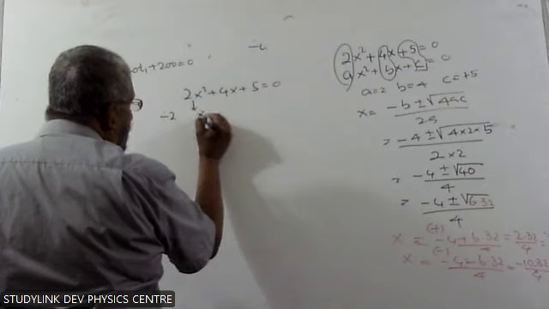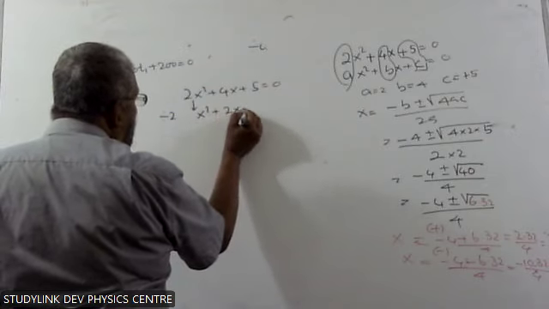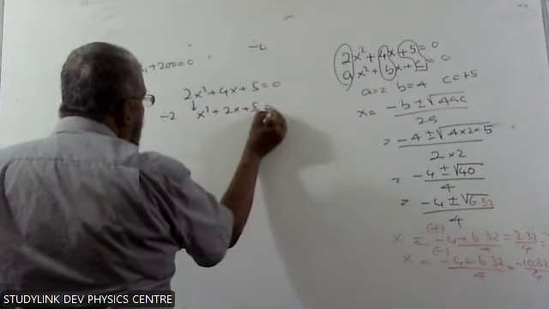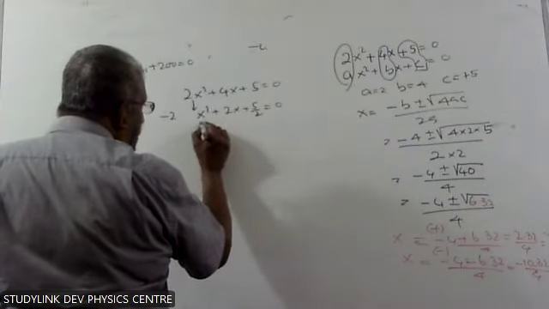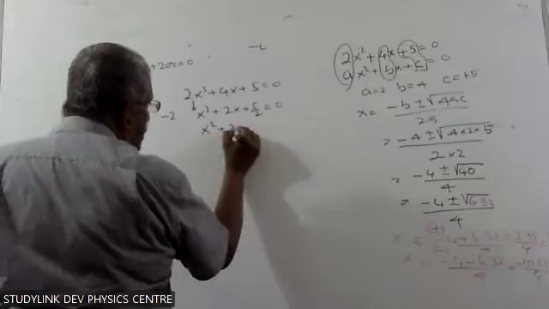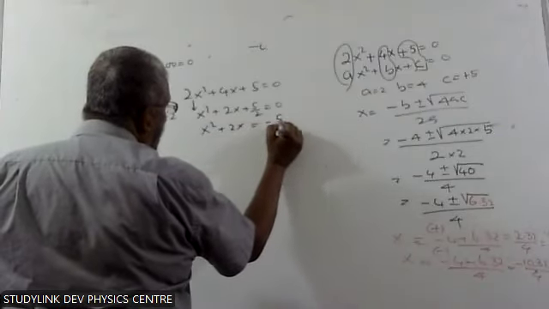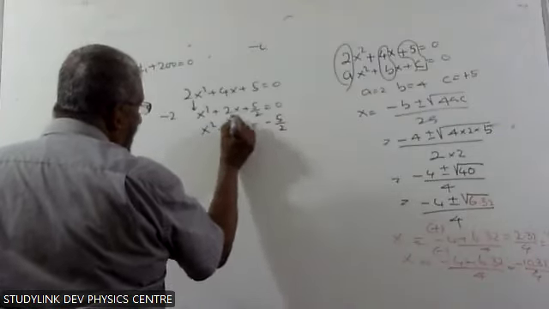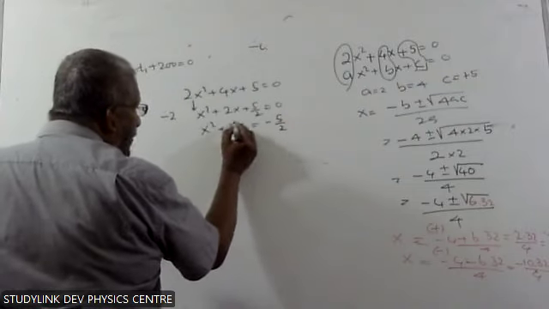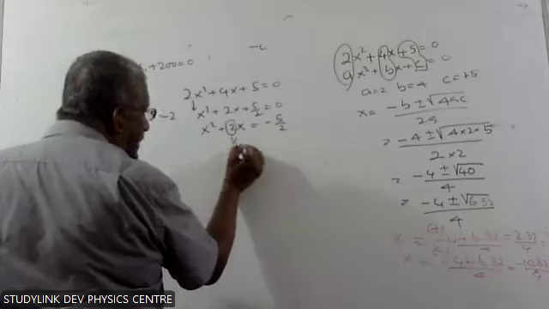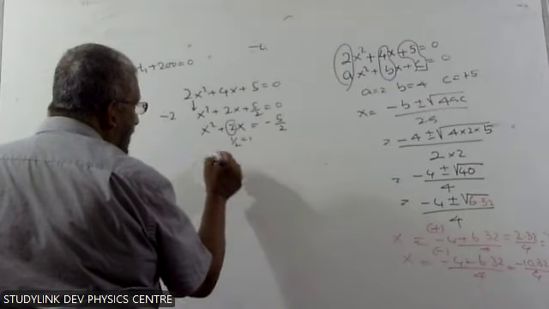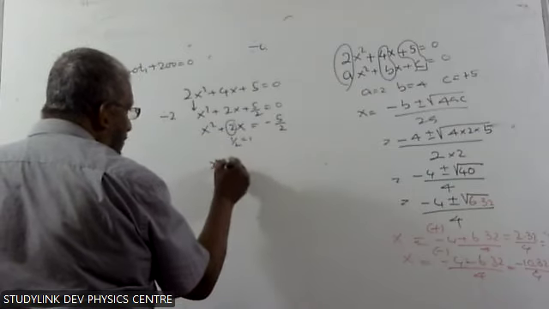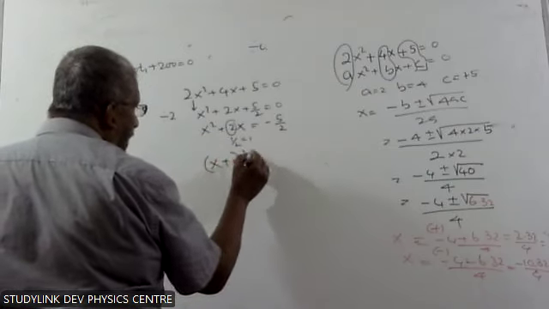Then you get x squared plus 2x plus 5 by 2 is equal to 0. After that, you write x squared plus 2x is equal to minus 5 by 2. Then here we have to complete. For that we take half of this. Half of this is 1. So therefore x plus 1 whole thing squared.